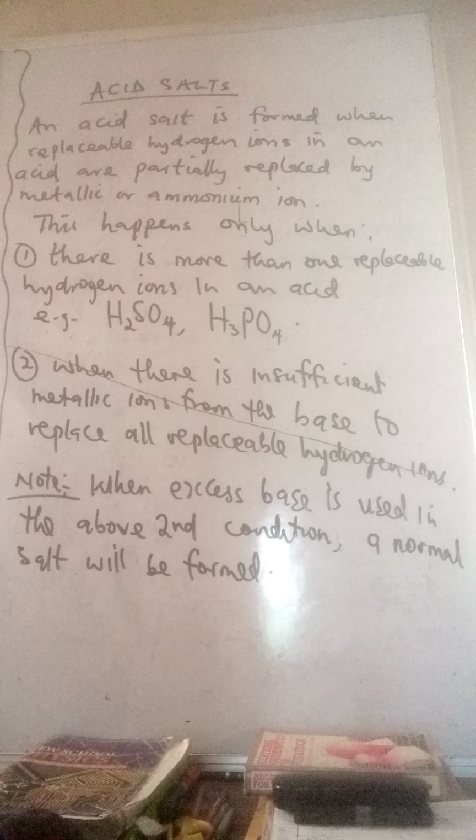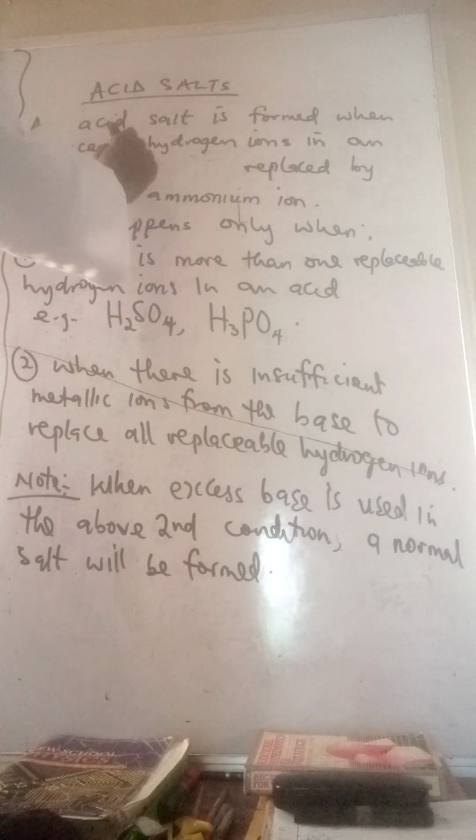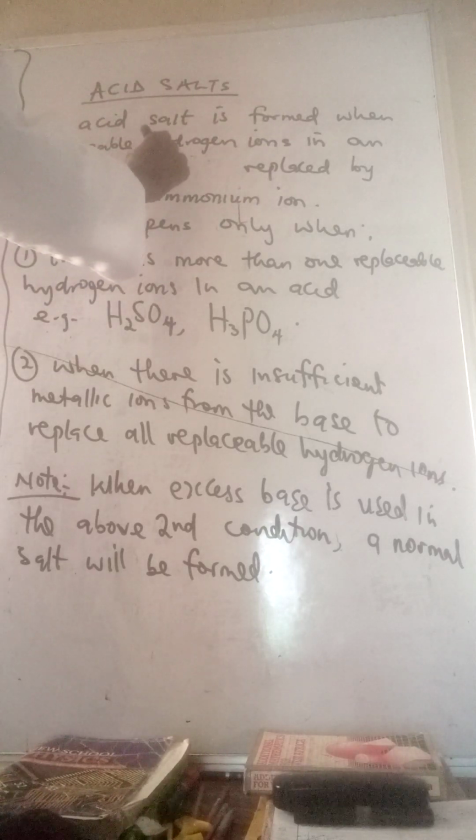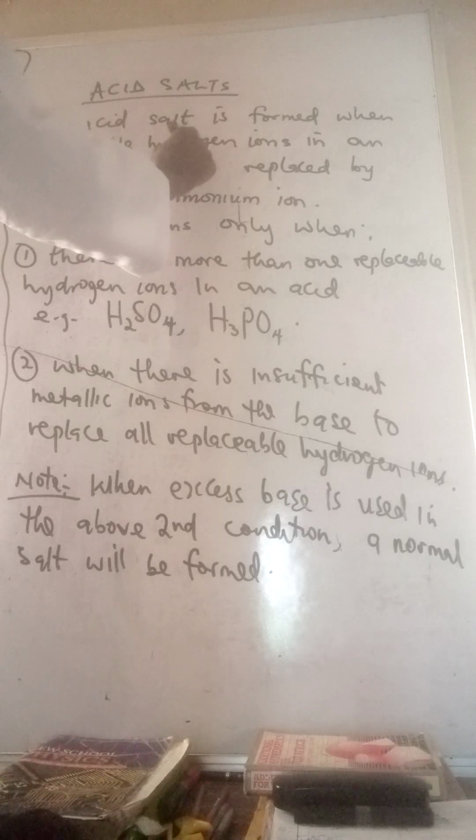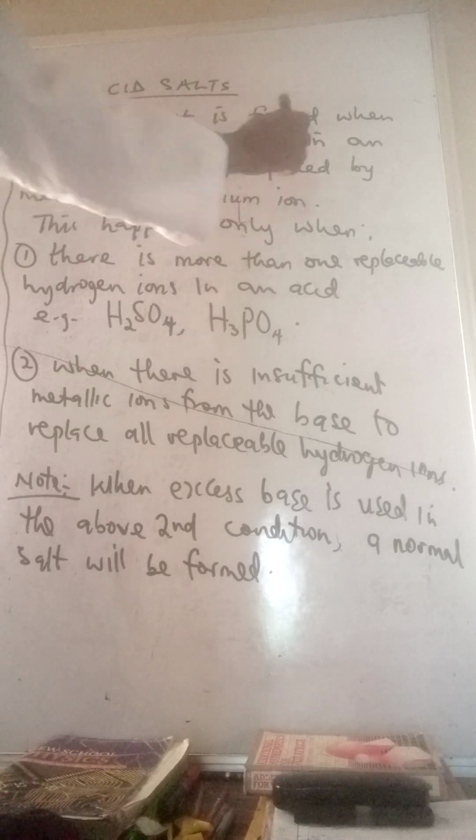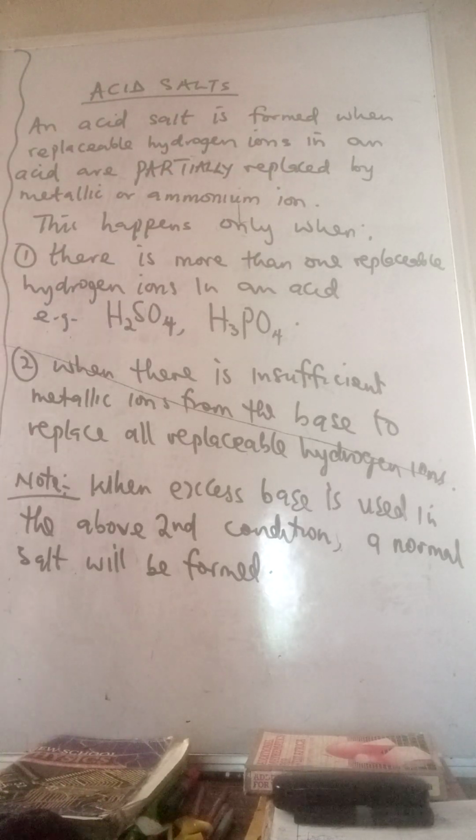Now, let's first discuss acid salts. What is an acid salt? An acid salt is a salt that is formed when replaceable hydrogen ions in an acid are partially, please take note of this, partially, that means not completely, replaced by metallic or ammonium ions.